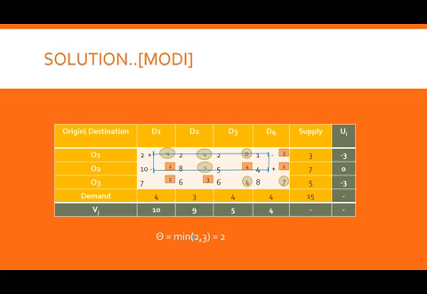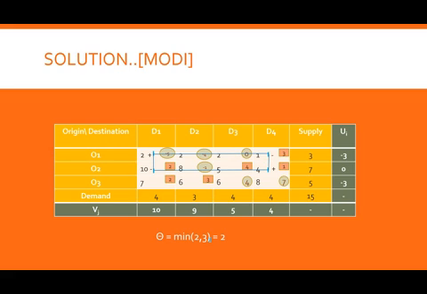Consider the minus theta allocations and the minimum of them will be the theta value. So theta equals minimum of 2 here and 3 here. Out of 2 and 3, which is minimum? 2. So theta value is 2.